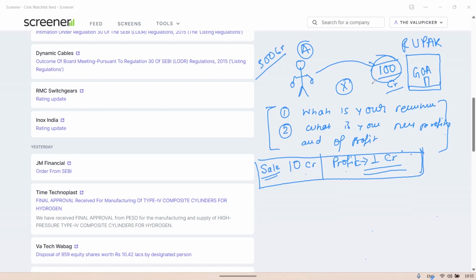Your objective is to get it back as early as possible. For companies growing at a 100% pace, say profit is 1 crore, then incremental revenue may be 1.5 crore or 2 crore. Because you are investing 100 crore, you should get that amount back, and then you can hold this business for your lifetime or anywhere. But your main objective is to get back the money first.